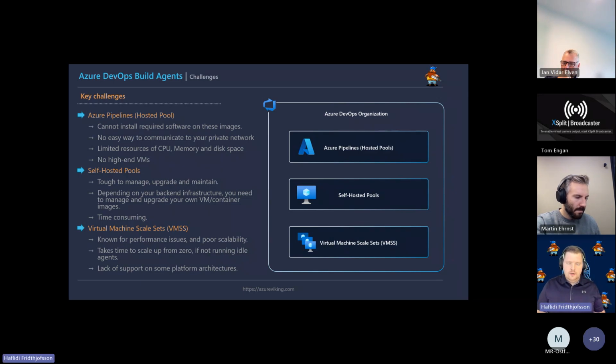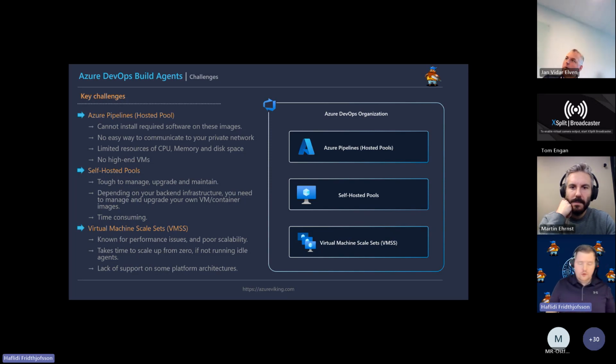There's also some lack of support for some platform architectures. The same goes for the self-hosted pools, because with virtual machines you don't need to wait for scalability, but you always have the same image and everything used in the self-hosted virtual machine. However, on containers, you can spin up a new container with a fresh image if you want.